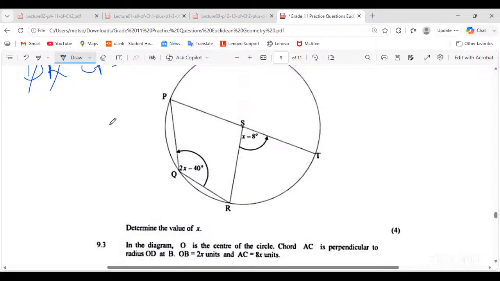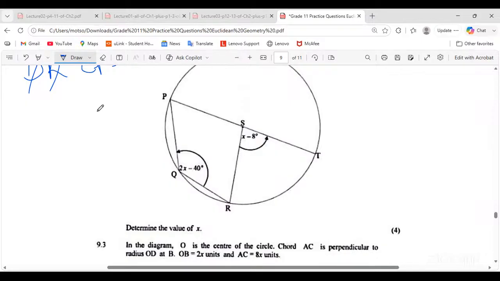Here, they say to us, determine the value of x giving the reasons. Yes, they didn't state that you need to give the reasons, but you must always give the reasons in everything that you do here in Euclidean geometry.